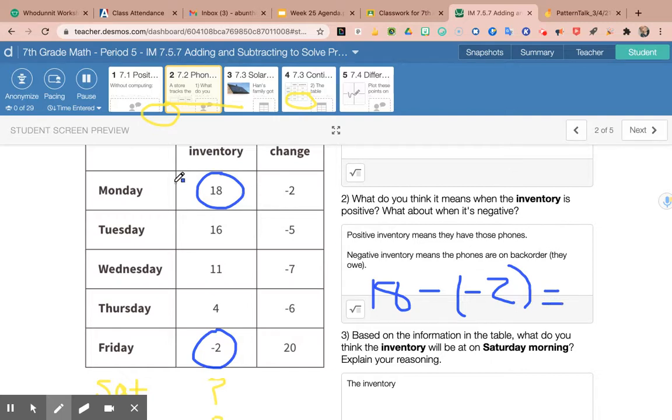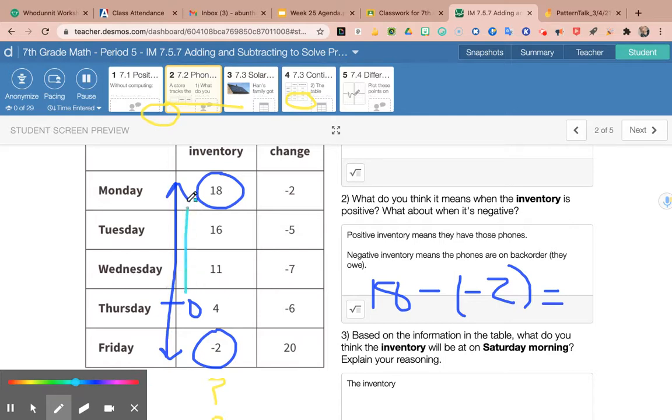Or you can think about it like this on a number line. So if this was a number line, and let's say this was 0, this distance right here is 18, but I'm trying to get to -2. So I have 2 more down here. So the difference is also the distance. So you can think about it like that as well.